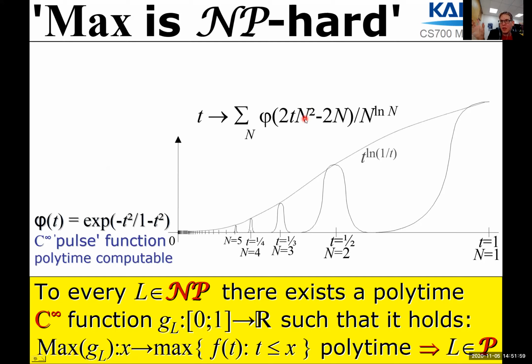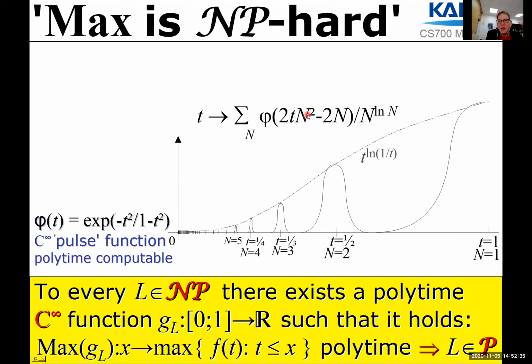So that means the pulses become thinner, but in y direction, they are scaled even stronger, right? So this is scaling stronger than n squared, stronger than n cubed, stronger than n to the fourth, because the exponent here is unbounded. It's a natural logarithm. And this is just barely the threshold that is feasible, to make sure that also all derivatives of this function eventually converge to zero.